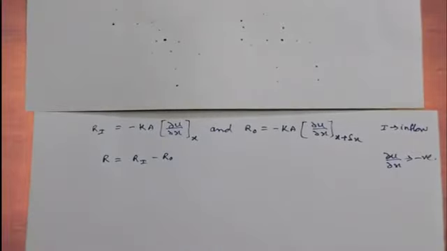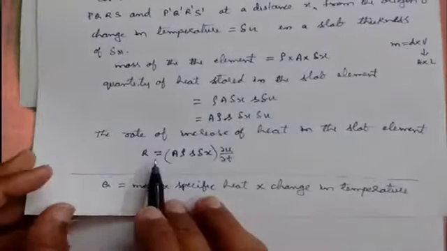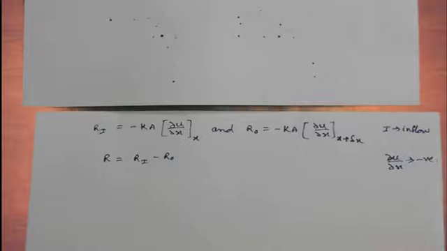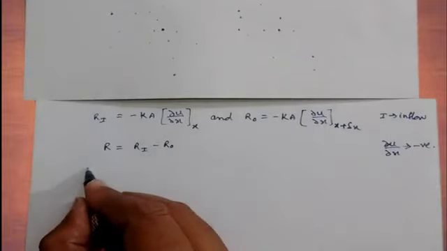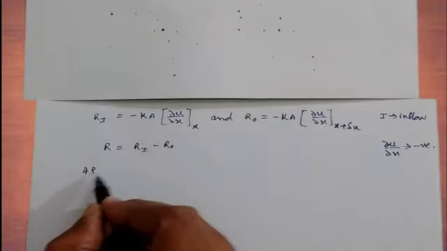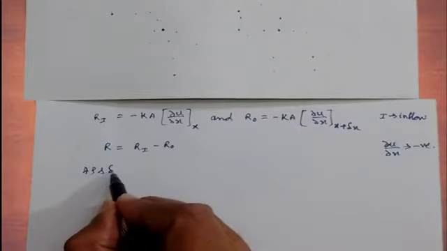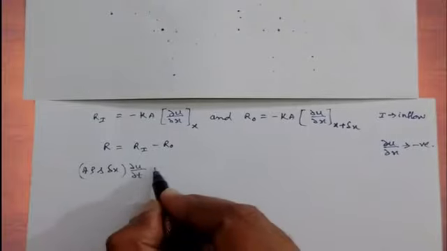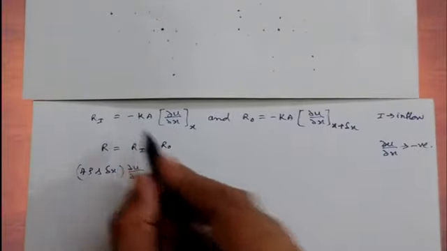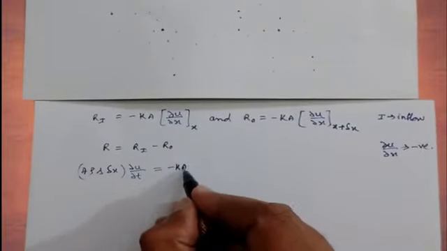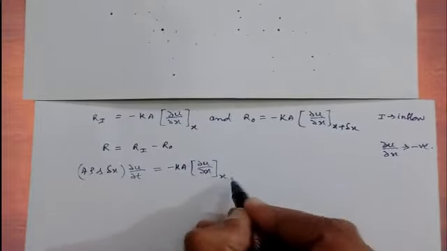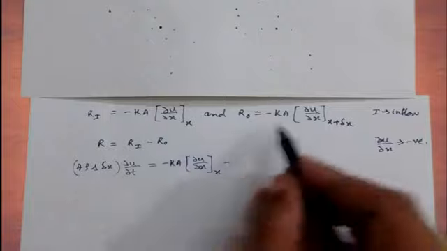So we know the value of R. So let us write down this value of R. Suppose we take the value of R there, it is A rho S delta X times dou U by dou T is equal to, the Ri value is known from here, it is minus Ka into dou U by dou X minus Ro.